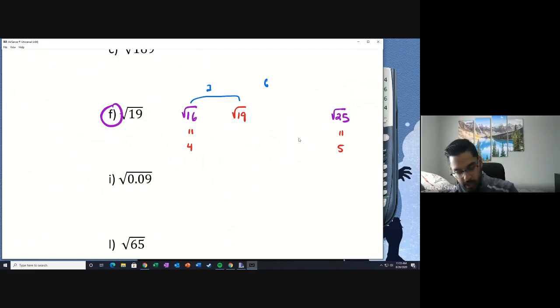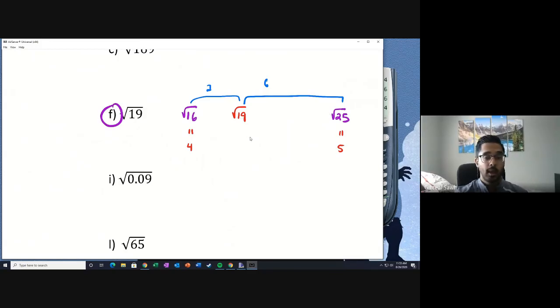I'm going to make that gap actually look a lot bigger. So I know that it really can't be 4.5 because that would be somewhere over here. It'd be a little bit closer. The gap between the numbers should be a little bit closer than it is, 3 and 6. So I know that the square root of 19 should be less than 4.5, since 19 isn't halfway in between 16 and 25.